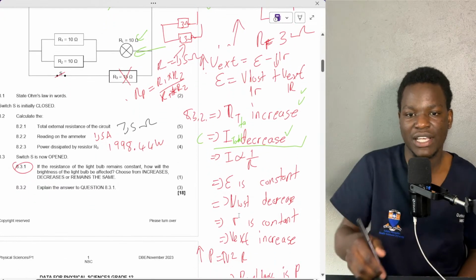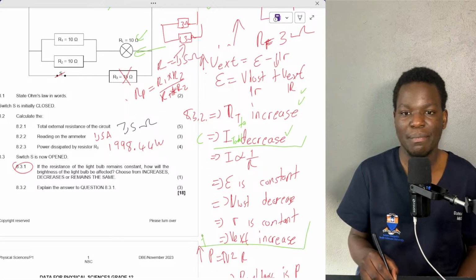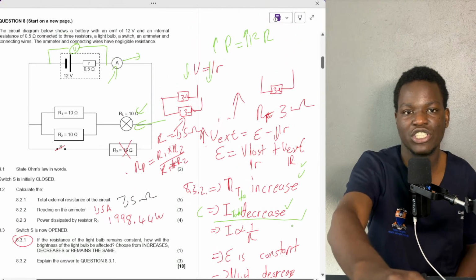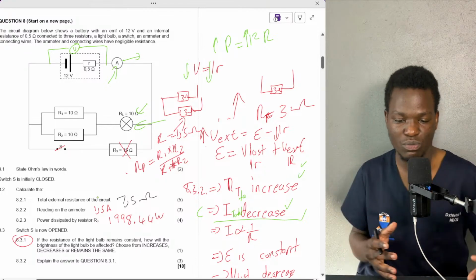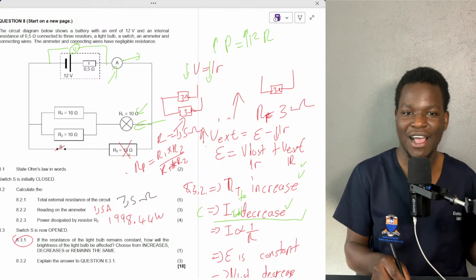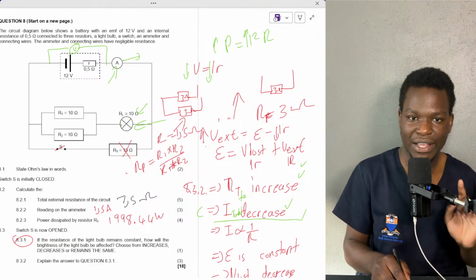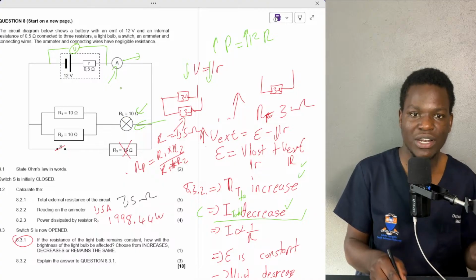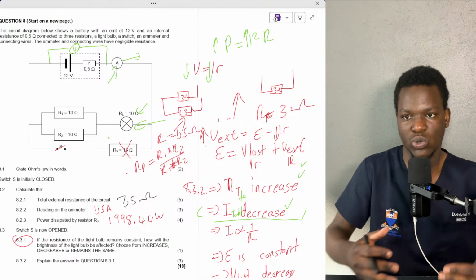You say V external will increase, because the voltage across this measures the V external. So you have to know how to differentiate. Now I've helped us understand the ammeter reading, or the variables of this one, and the voltage variables of the total circuit. You must know how to differentiate.